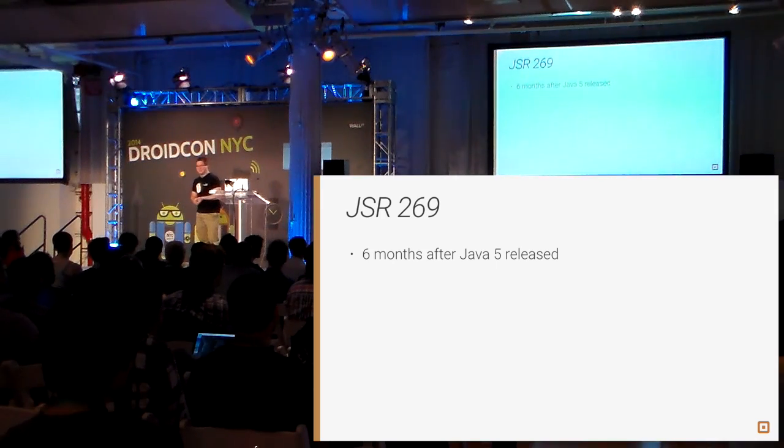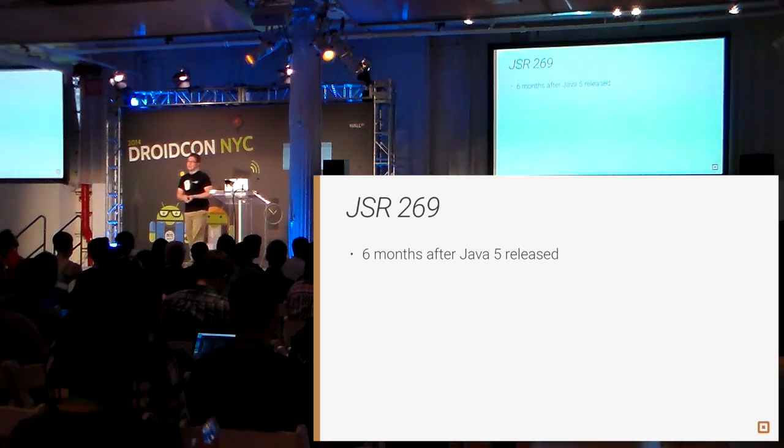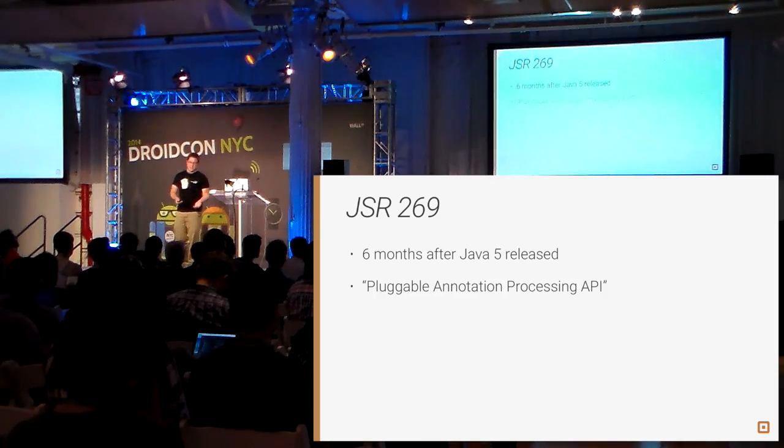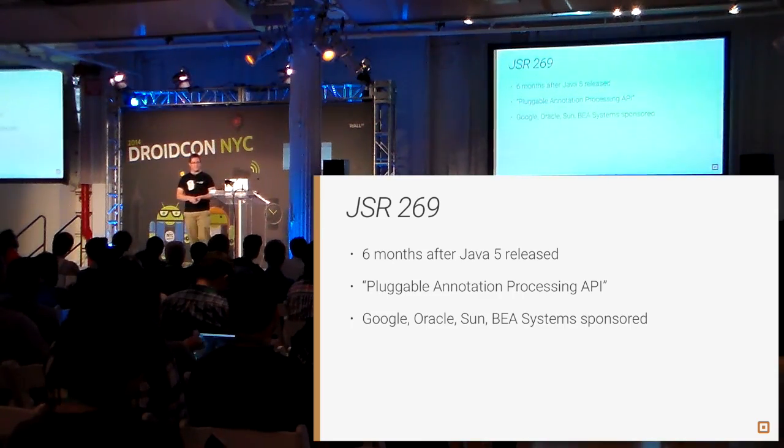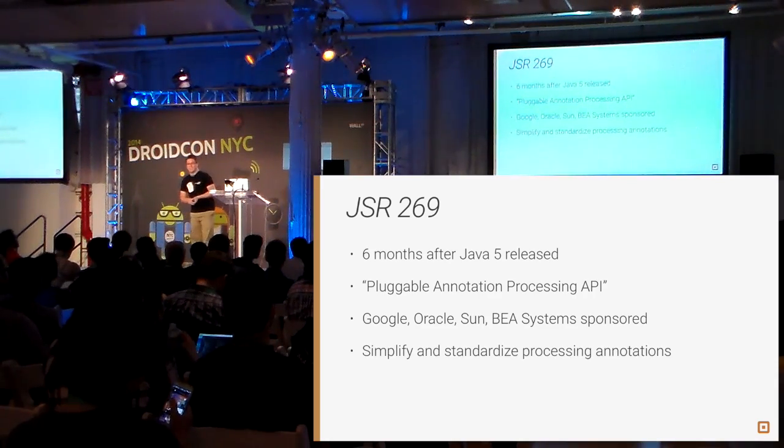Six months after Java 5 came out with the APT tool, JSR 269 was submitted. This is the pluggable annotation processing API, annotation processing for short. It was backed by a few big names. The goal was to simplify and standardize processing annotations.